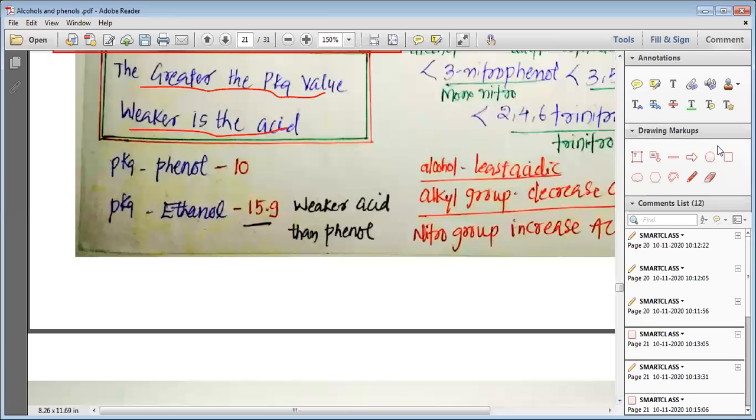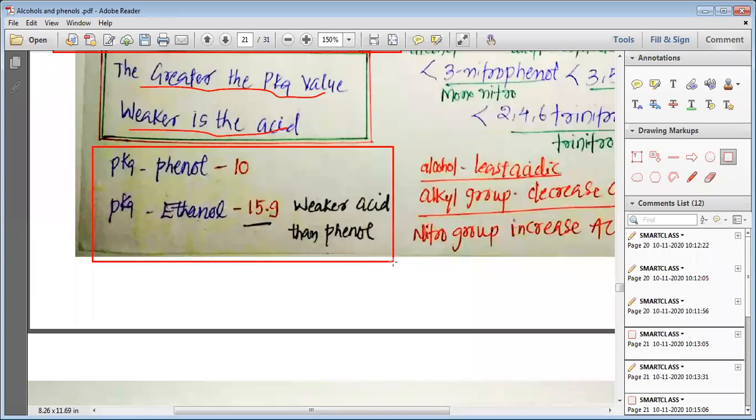There is one more important point that we should study, that if we look at the pKa values of phenol, the pKa value for phenol is 10. But if we look at the pKa value for ethanol, my dear students, the ethanol has got the pKa value of 15.9.